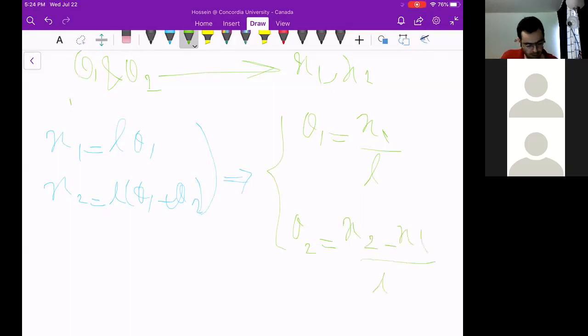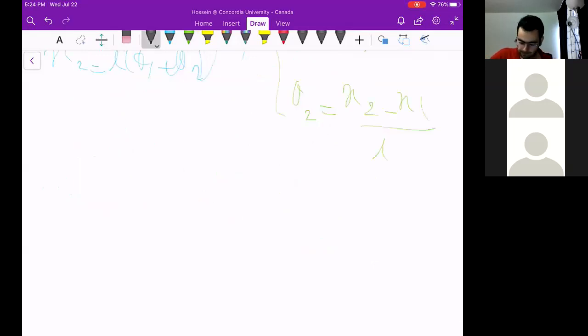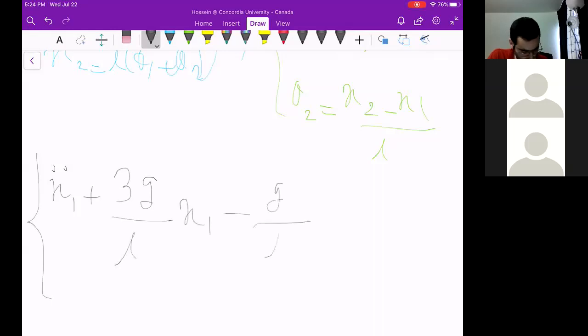So if you substitute these two equations, you will have x double dot 1 plus 3g over L x1 minus g over L x2 is going to be 0.